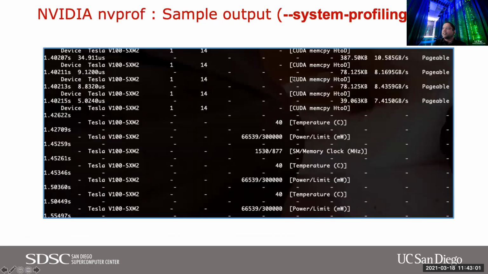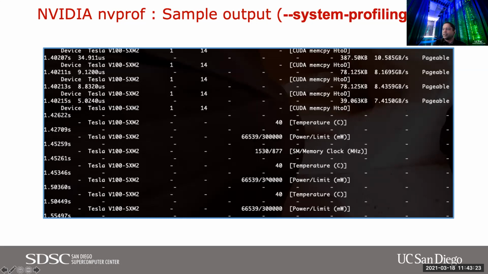If you look at the system profiling on option, you can see you still have that info we had about the memory copies going on and everything, but then you get info on what the GPU is doing at the low level. You can see the temperature is 40 and the power is well under the limit and so on.